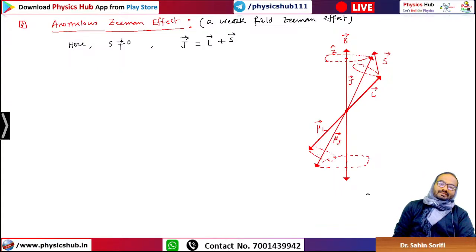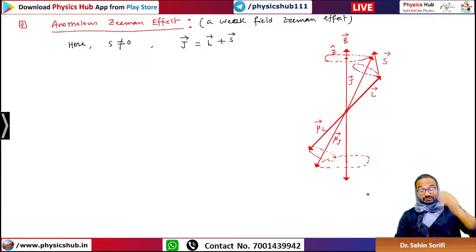Both L and S are precessing. It is easier to show the precession of L. Precession of J is hard to show.